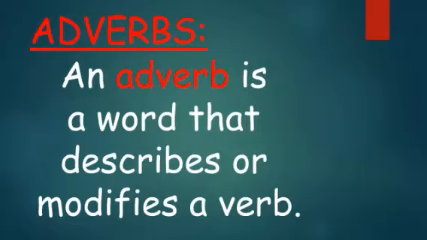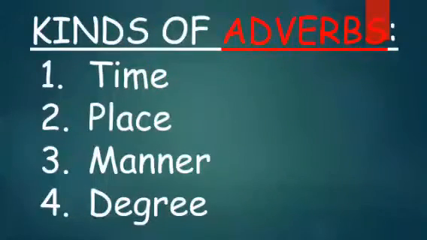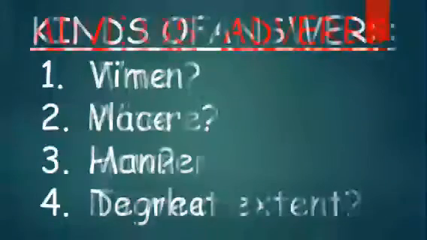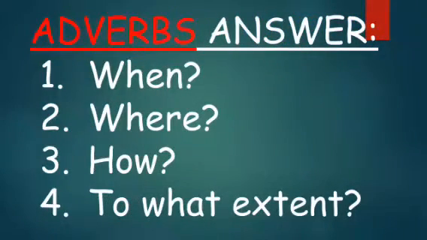Actually, adverbs can modify other parts of a sentence, but in this lesson, we will focus on verbs and 4 kinds of adverbs: adverbs of time, adverbs of place, adverbs of manner, and then adverbs of degree. Verbs answer when, where, how, and to what extent in a sentence.